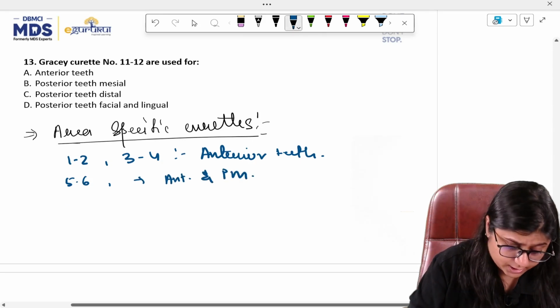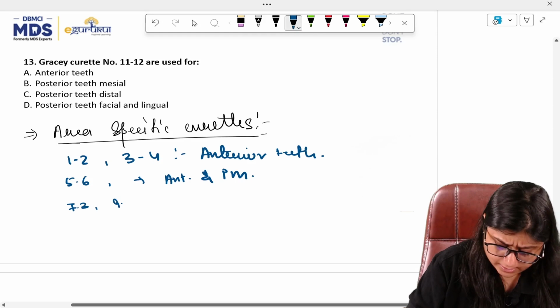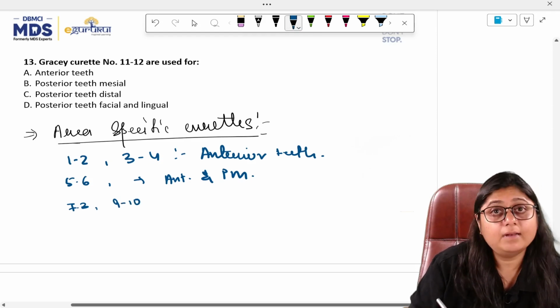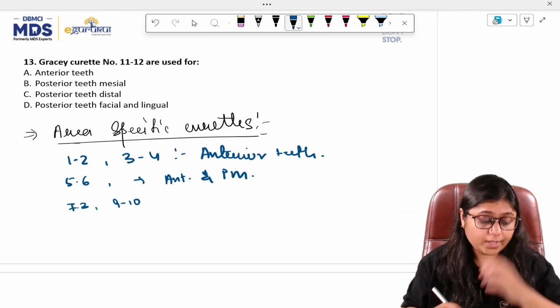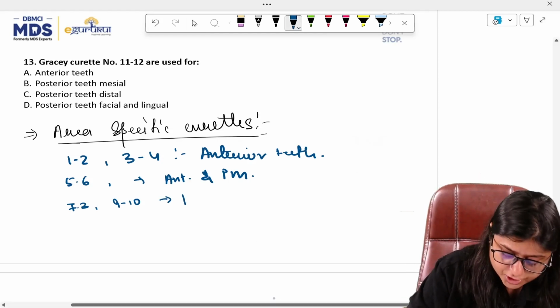Then 7, 8, 9 and 10. 9 and 10 are two ends of the same instrument, and 7 and 8 are two ends of the same instrument. They are used for posterior teeth facial.